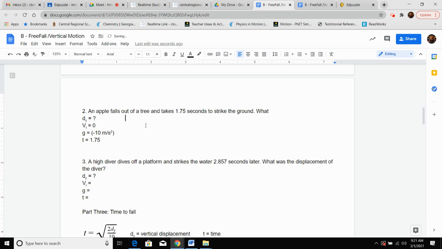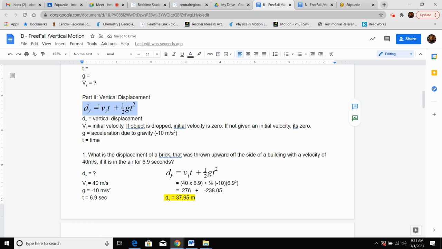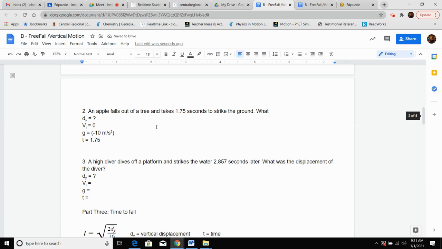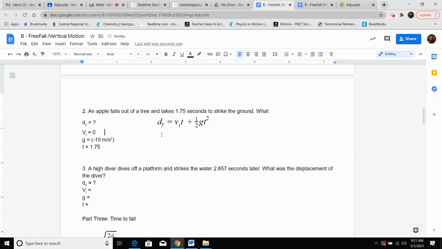Okay, and then you're going to use the equation. And then just underneath, you start to type in our pieces of information. So 0 times 1.75, doesn't matter, because it's going to come out to be 0 over there. 1/2 negative 10 times 1.75 squared. You're squaring time only.